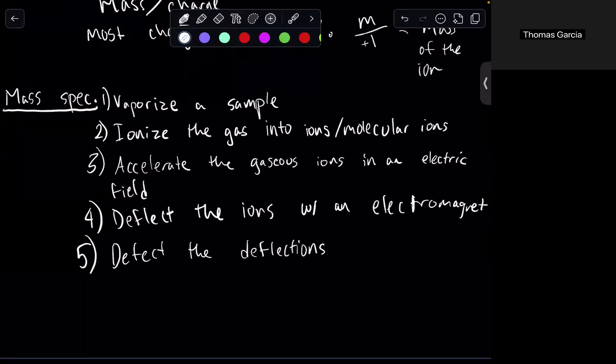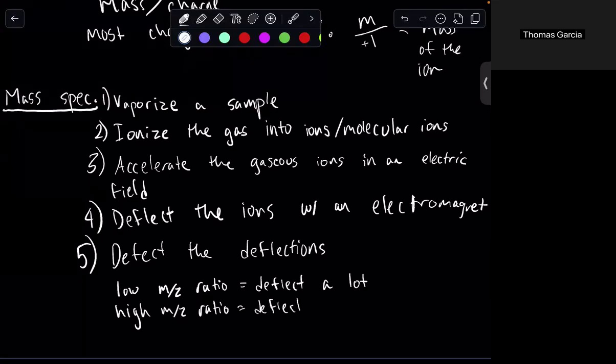What this basically means is things that have a low MZ ratio deflect a lot. Things that have a high MZ ratio deflect a little.